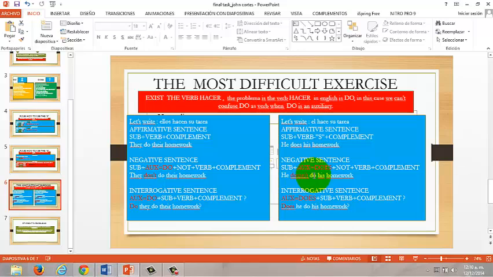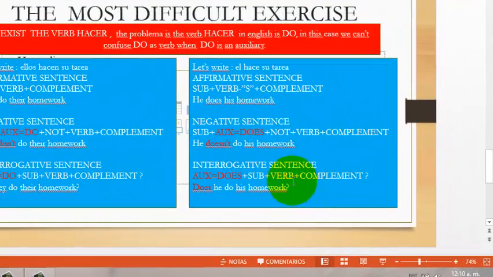For that reason, the verb returns to its normal form: do his homework. The interrogative is similar. First the auxiliary, then the subject, after that the verb, and then the complement. Does he do his homework? You see? He does his homework. He doesn't do his homework. Does he do his homework?